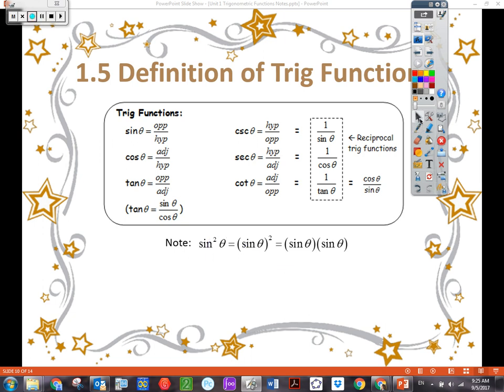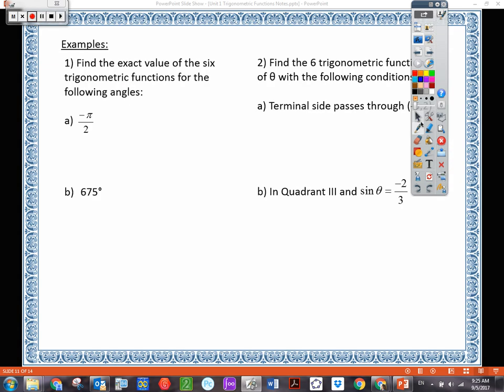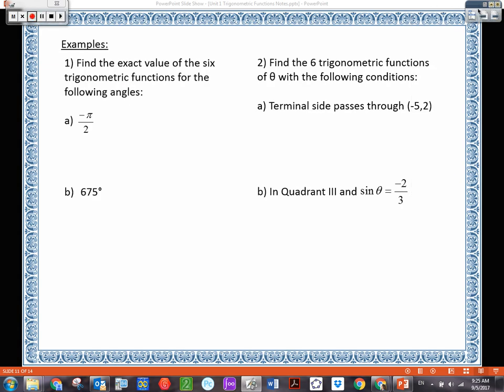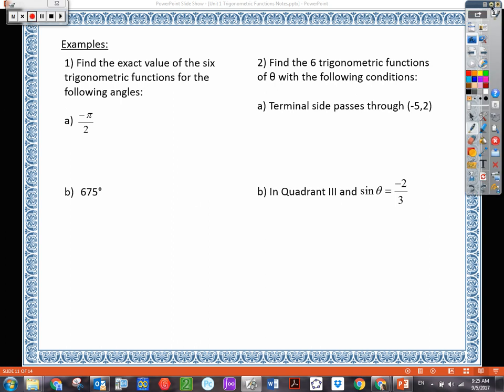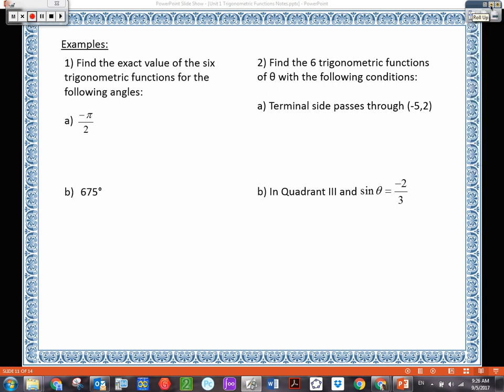So let's go to our next slide. We have a couple of different examples of using these trig functions. One thing I want to point out is the word exact. Another issue about reading directions, right? Exact. When you see that word, that should tell you something. Exact means like 6 pi, not like 6 times 3.14 blah blah blah, right?